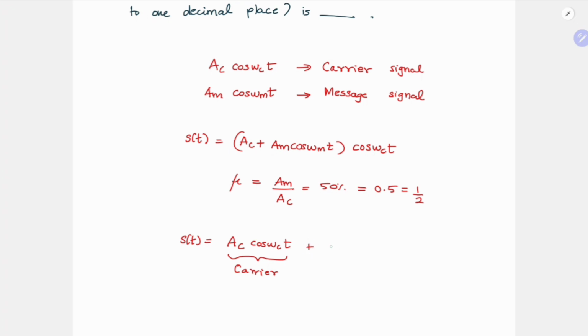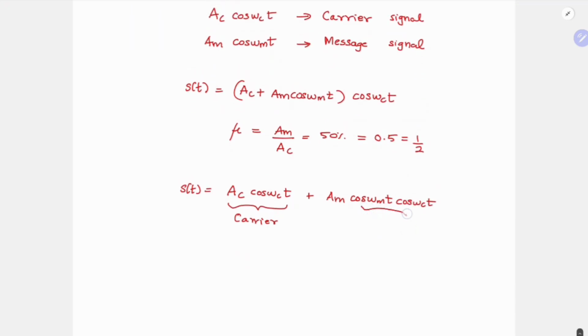Other than that, you have another component which is cos omega_m t into cos omega_c t. This one you can write as half of cos of (omega_c minus omega_m) t plus cos of (omega_c plus omega_m) t, right?